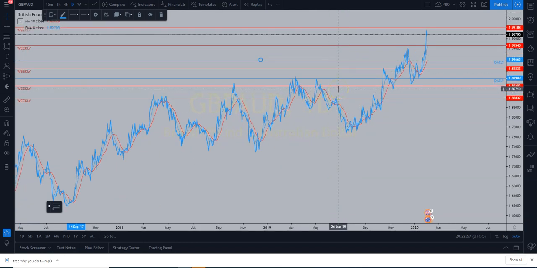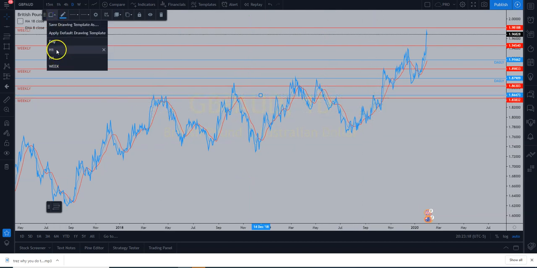As I look, I'm starting to feel like we've gotten most of the daily lines. I've missed one right here, though. Triple top back here, struggle here, price rejection here, struggle here, rejection here. I'm going to set that as a daily 2.